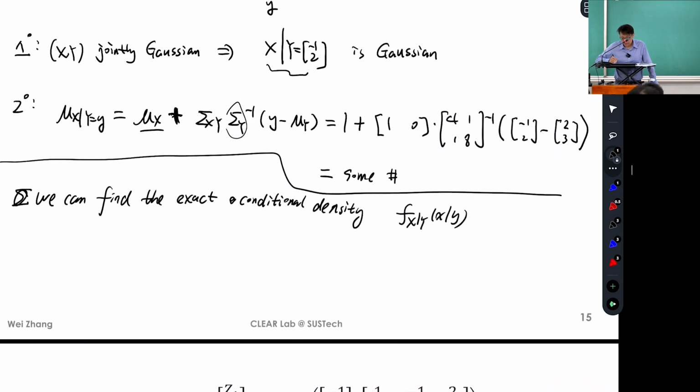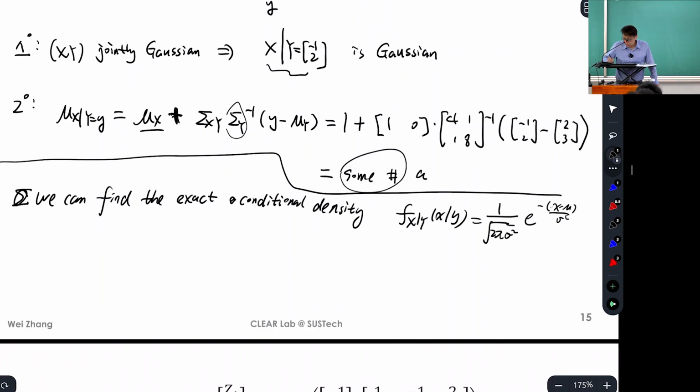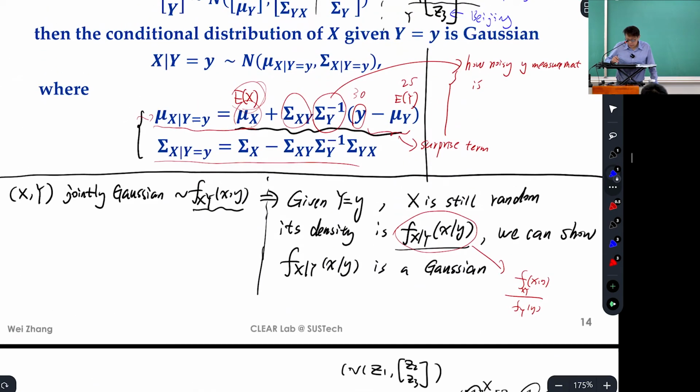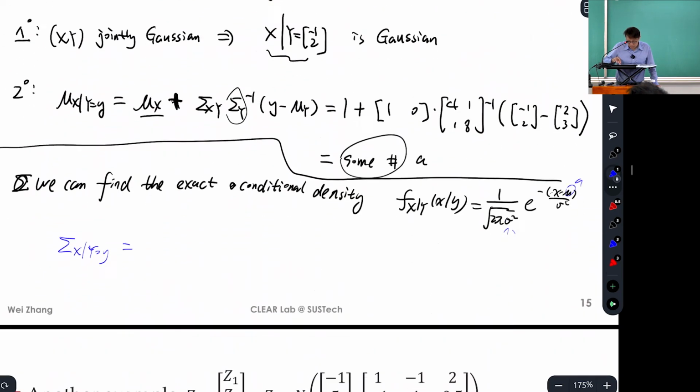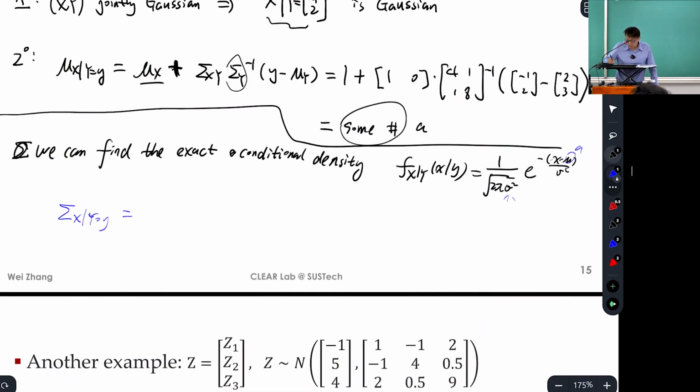Because this will be 1 divided by the square root of 2 pi sigma squared, e to the something, with x minus mu divided by sigma squared. This number a will be my mu here. I also need to find sigma, which you can find from the conditional of y equal to small y based on the formula we had on the last slide. Let me just finish this within 30 seconds.